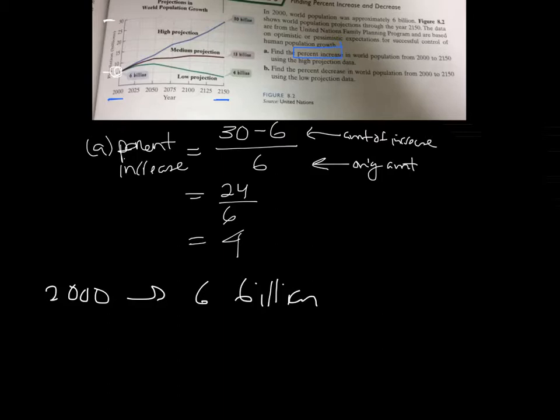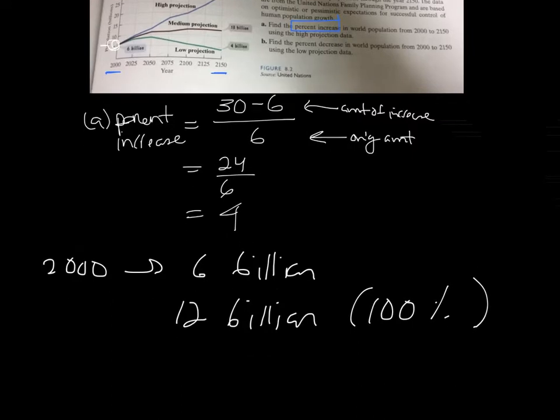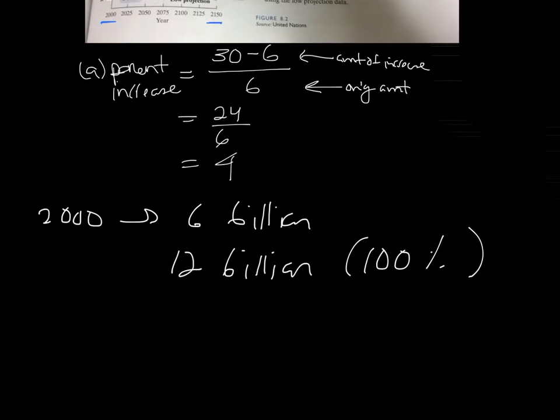It would be another 6 billion. So that would be 12 billion. That would be 100% increase. But it didn't go to 12 billion. It went all the way to 30 billion. So if you keep adding 6, we get 18 billion. It's multiples of 3. That would be 200%.